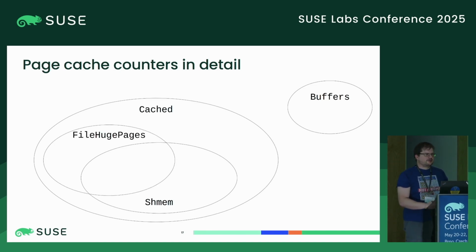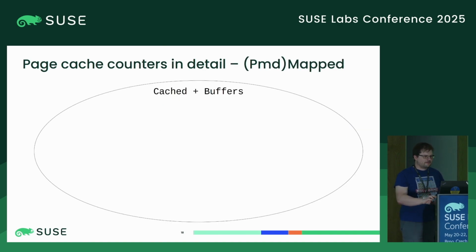Then some of these page cache pages can also be huge these days, transparent huge pages, so they have another counter, but that can include both shmem and real files. And there's a special counter for those huge pages that are shmem.